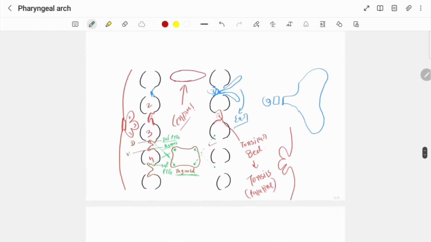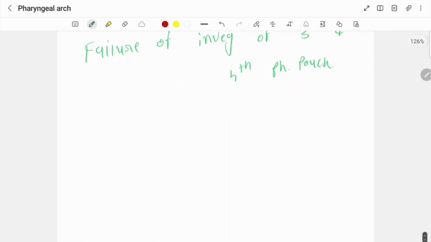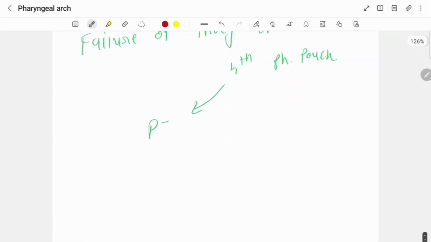In some patients, the third pharyngeal pouch and fourth pharyngeal pouch will not invaginate. So what happens? Because of failure of invagination of the third and fourth pharyngeal pouch, there will be no parathyroid gland and there will be no thymus, right?